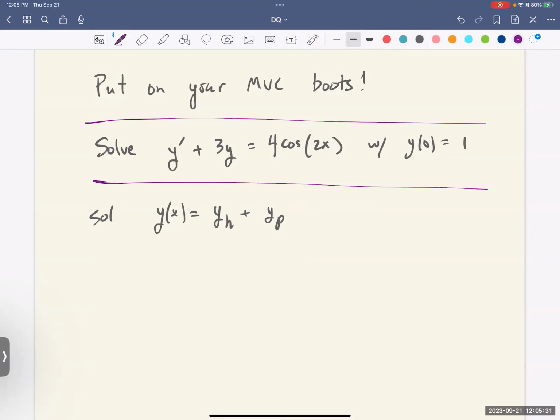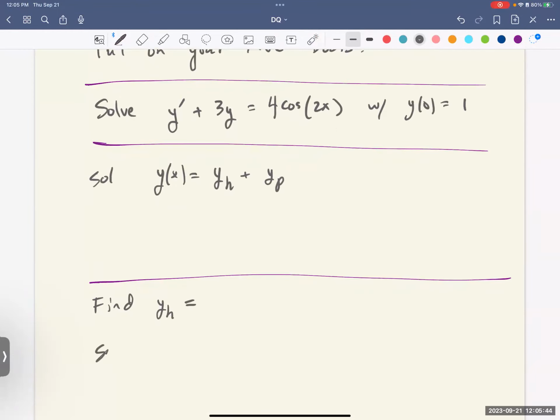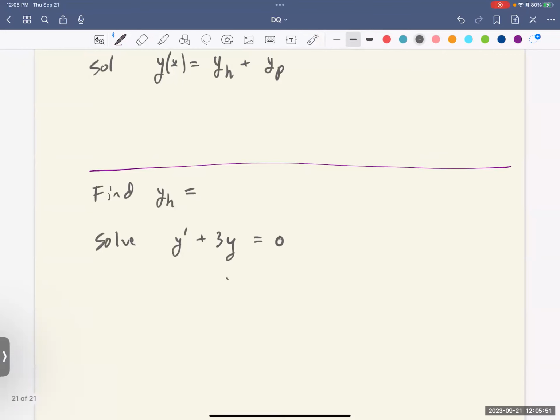Let's first find y sub h. All right, so find the associated homogeneous solution, find y sub h. What's that going to be? You're going to solve the left side of the equation, y prime plus 3y, set it equal to 0. You would move the linear term 3y to the right-hand side, solve this. You should know what this solution is, and it's a constant times e to the negative 3t.